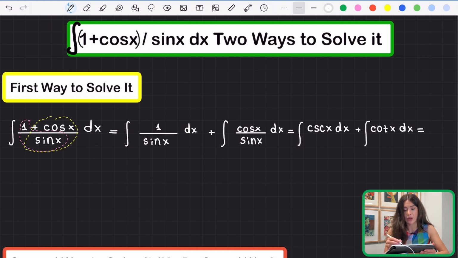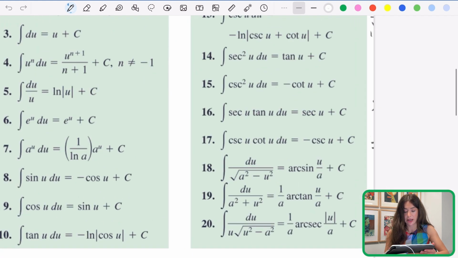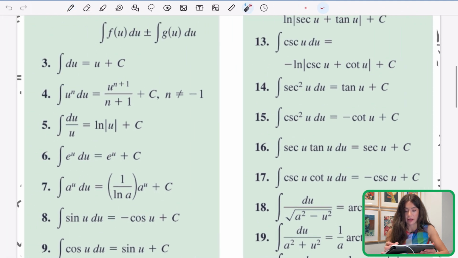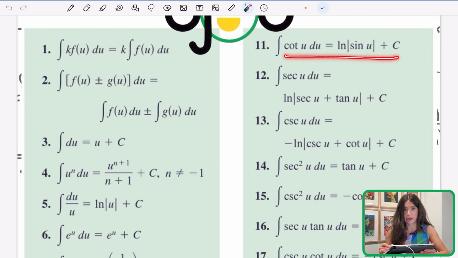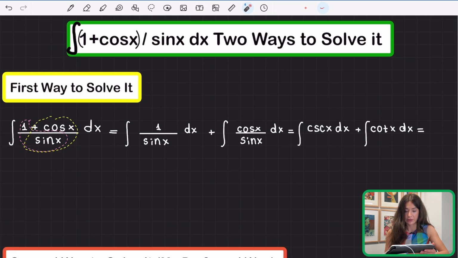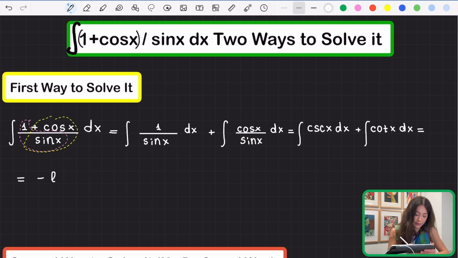After this point, you go to your formula sheet and you look at cosecant, and where's cotangent? And that's all you need. Okay, so the first integral is negative ln cosecant x plus cotangent, according to that formula sheet, right?